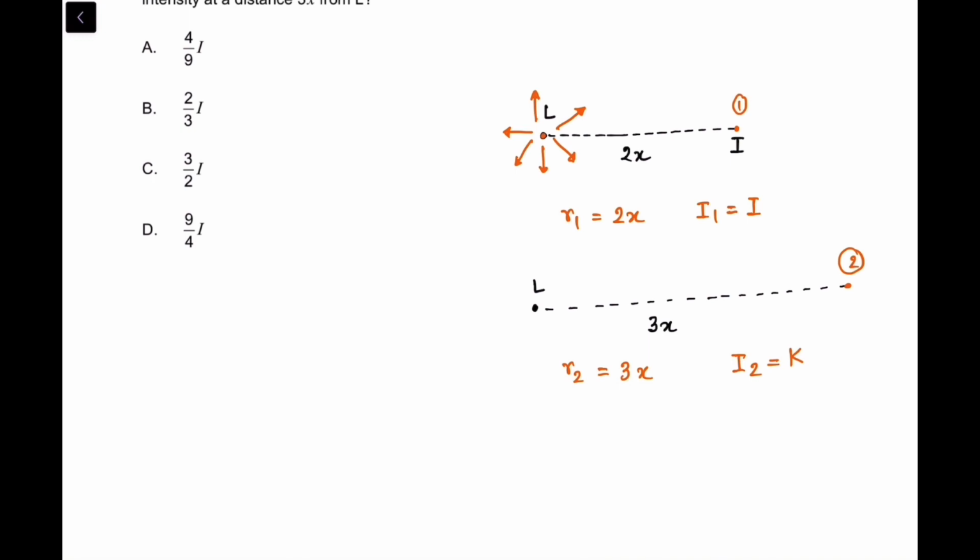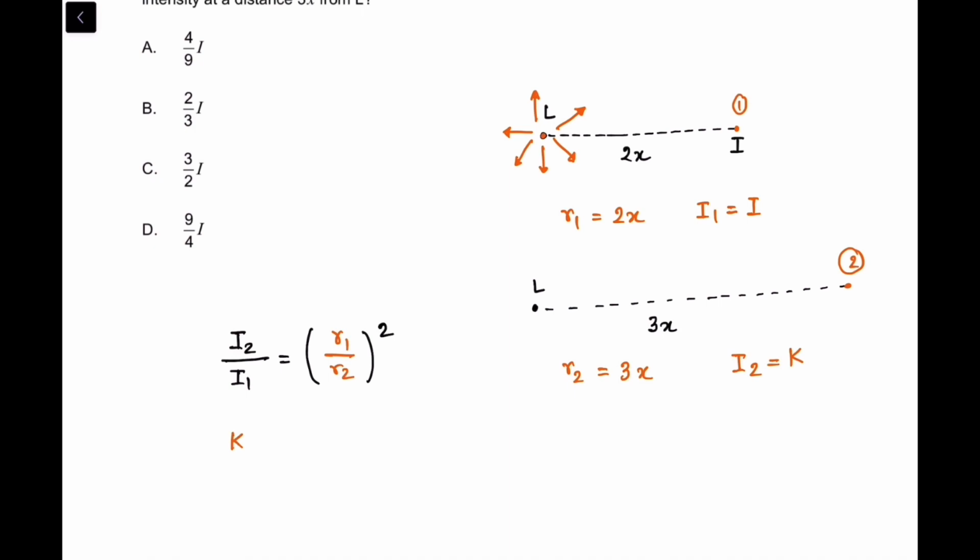So we know the formula: I2 divided by I1, that is the intensity at point 2 divided by the intensity at point 1, is equal to R1 by R2 whole square, right? R1 is the distance of point 1, and R2 is the distance of point 2. I2 is K, which we need to find out.